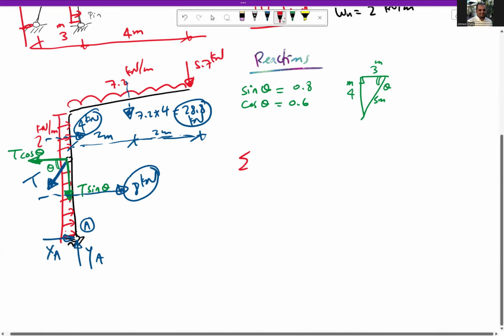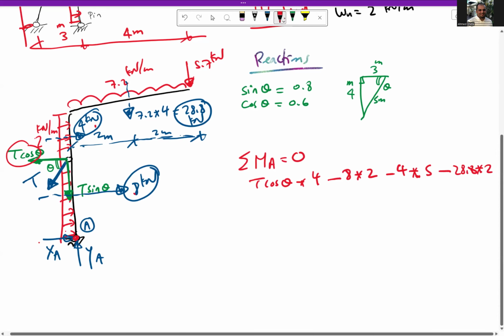For the reaction, if we take the moment at A equal to 0 here, we have T cosine theta times the distance, which is 4 meter, minus 8 times 2 meter, minus 4 times 5 meter, minus 28.8 times 2 meter, minus 5.7 times 4 meter, all equal to 0.